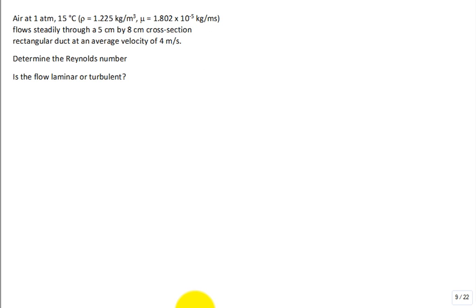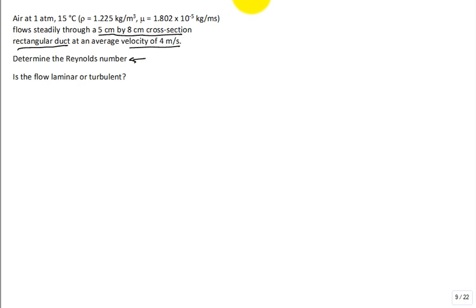Here's a problem. We have airflow through a 5 centimeter by 8 centimeter cross-sectional rectangular duct. The average velocity is given to be 4 meters per second. Calculate the Reynolds number and answer, is the flow laminar or turbulent?